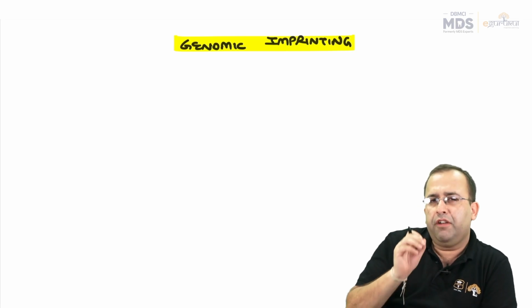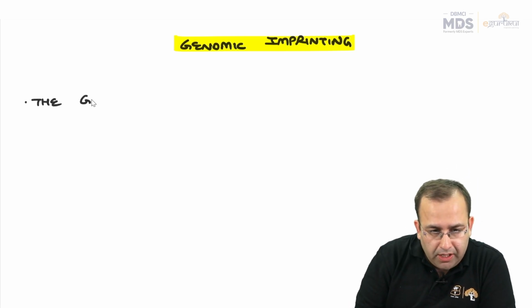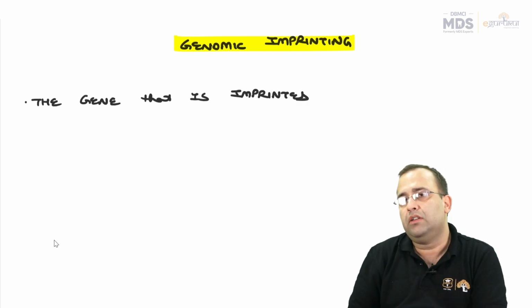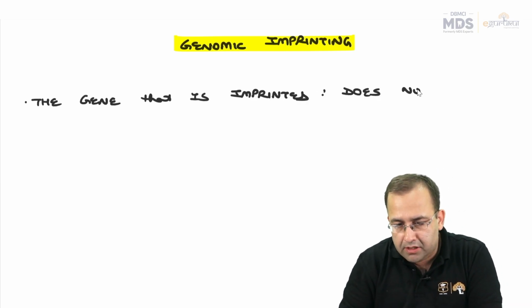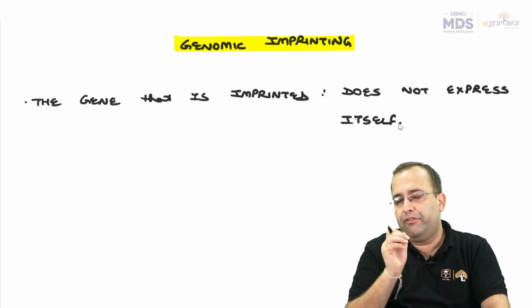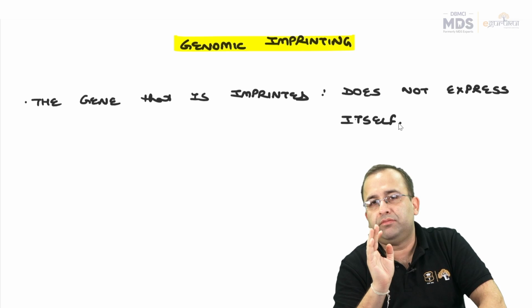First point, if you just know that the gene that is getting imprinted does not express itself, you will know everything about genomic imprinting.